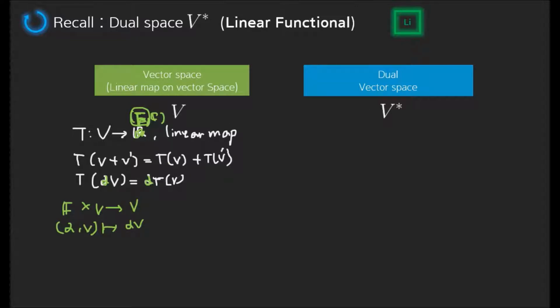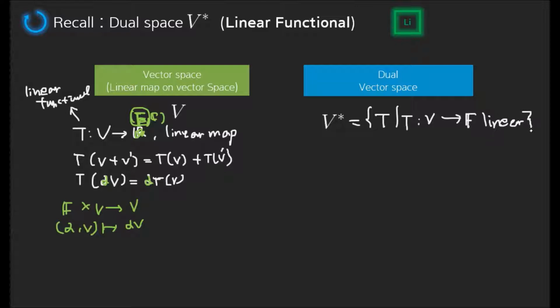How about the dual vector spaces in linear algebra? This is just a collection of the linear maps from the vector space to the real numbers, which are clearly linear functionals. So V star is the collection of the linear functionals. But the dual space satisfies some conditions.